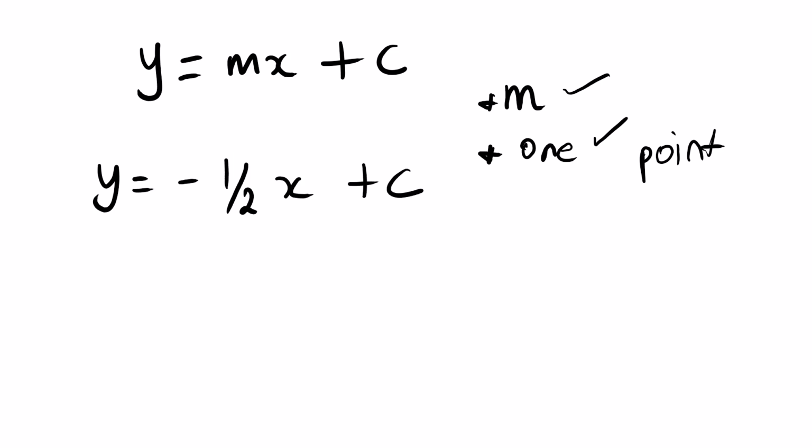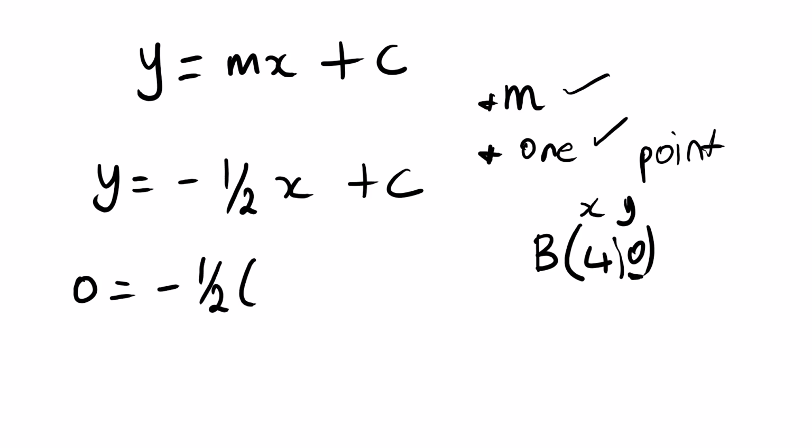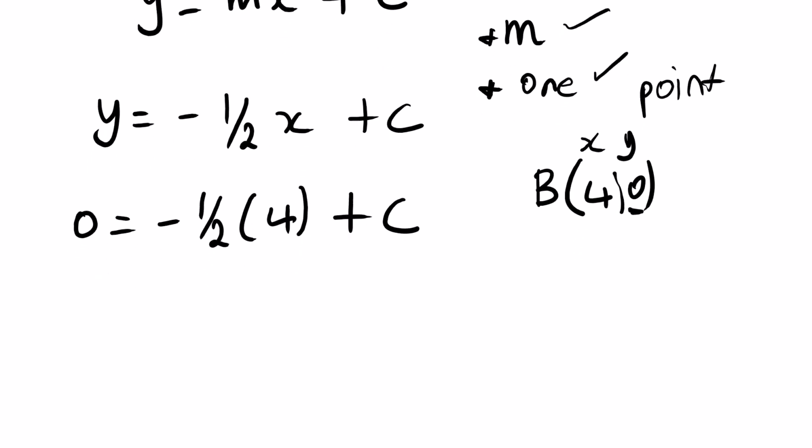For 1 point, let us use point B, which is 4 maps 0. So this is x, this is y. Where we see y, we substitute 0, so 0 equals negative 1 over 2, our x is 4, plus c. So basically we are calculating the value of c.